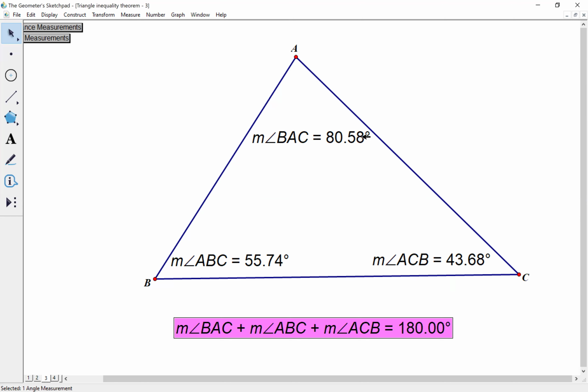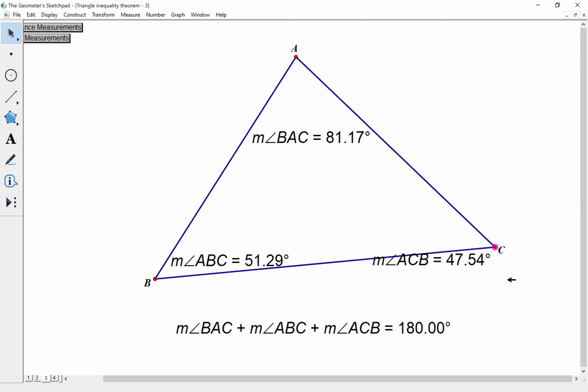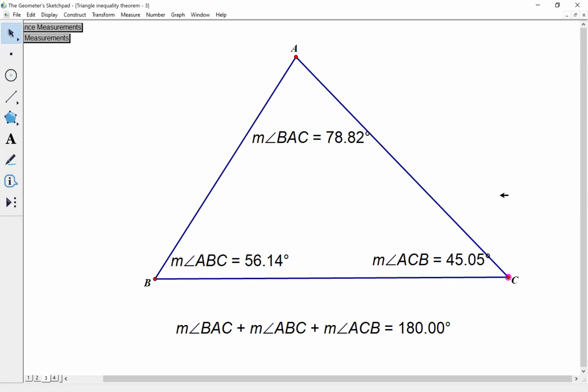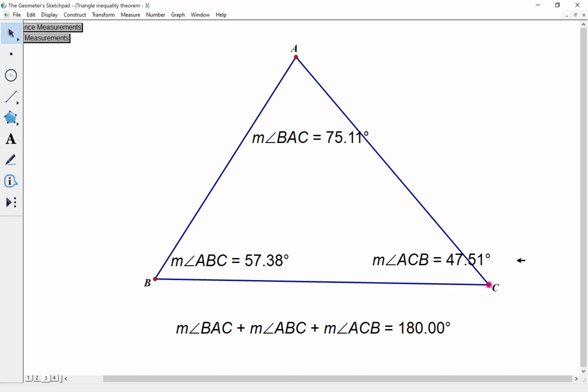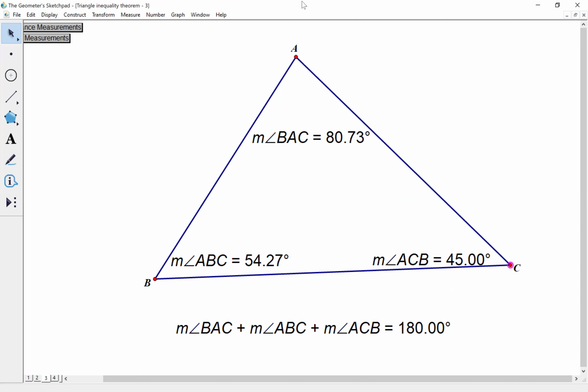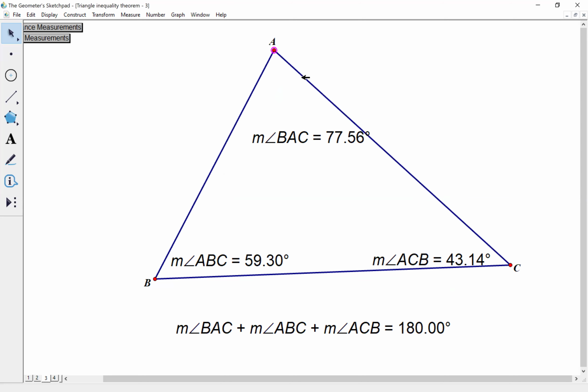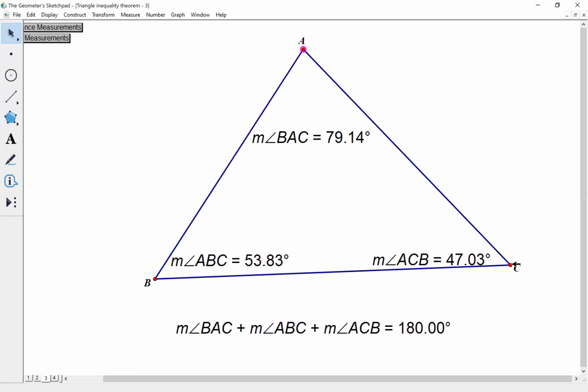Now, what if I change my angles? I want you to pay attention to how the numbers are going to change, and look at what happens to my addition at the bottom. Hmm. So my angles can change, but the addition of the three angles is always 180.